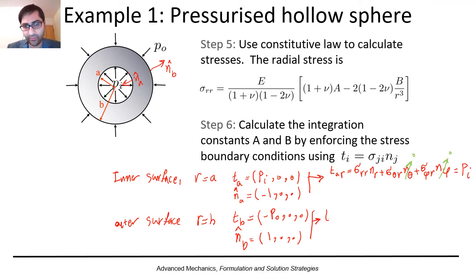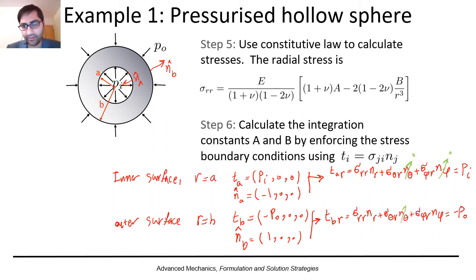Again, using the traction relation with a stress at point B, for t_B_r we get sigma_rr in r plus sigma_theta_r in theta plus sigma_phi_r in phi equal to minus p_o.